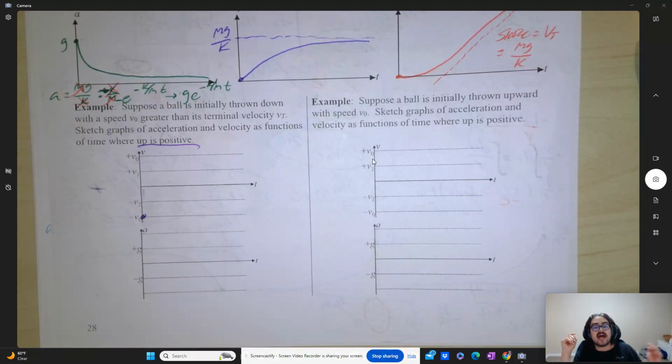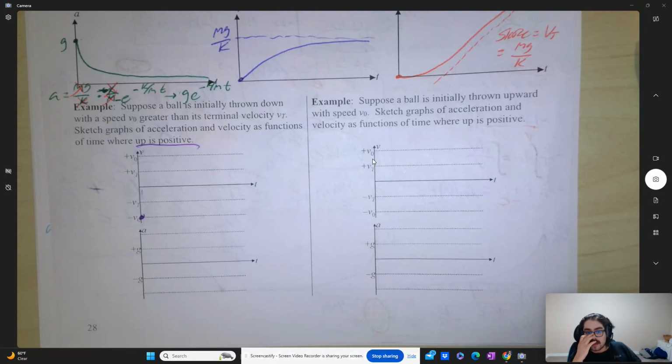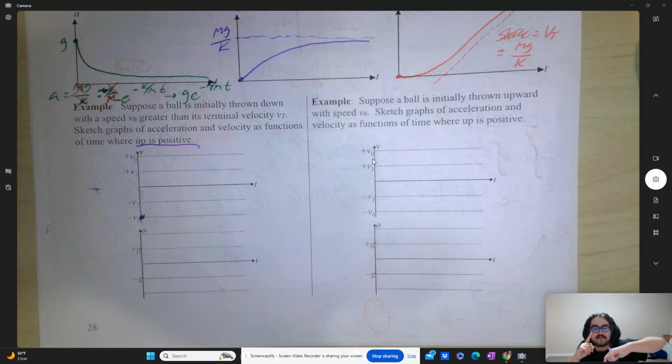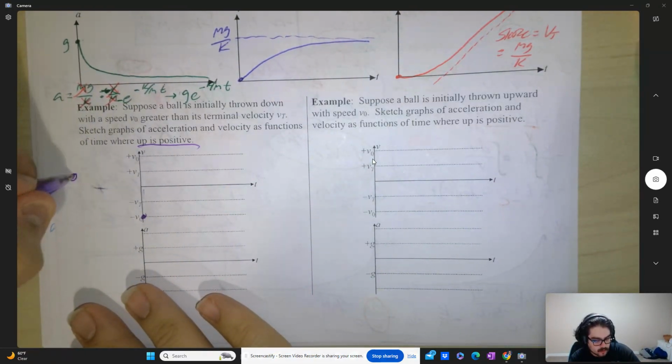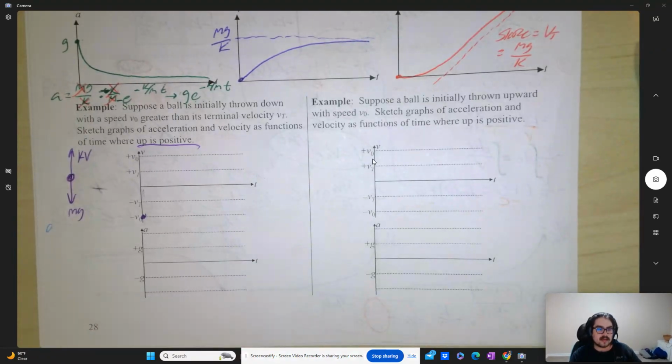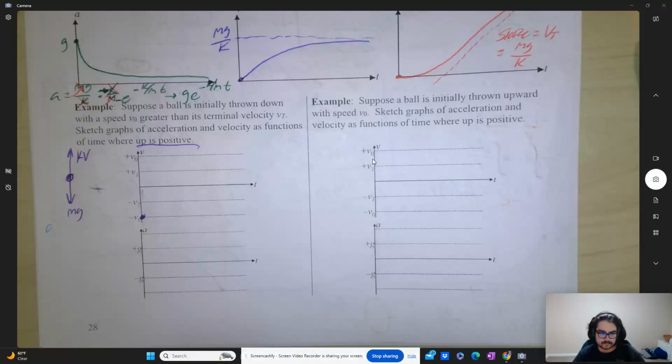Now, as the ball is going down, air resistance is opposing it. Air resistance is opposing the gravity. So if you can think of it like this, here's the ball. You've got mg going down, and then you have kv going up, okay?